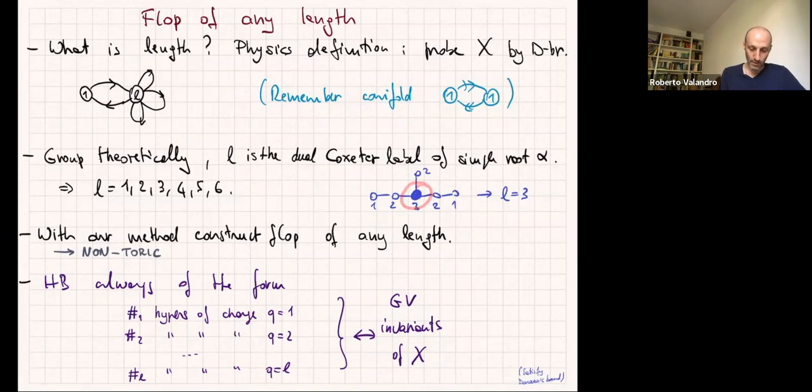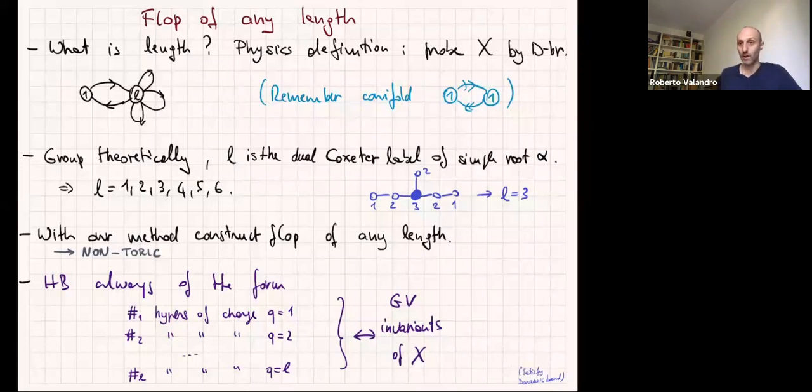If you know the labels for all the algebras, you can understand quite easily that this L can go just up to 6. For 6, you need to take the E8 algebra. Now, the flops that we have constructed are non-toric threefolds.